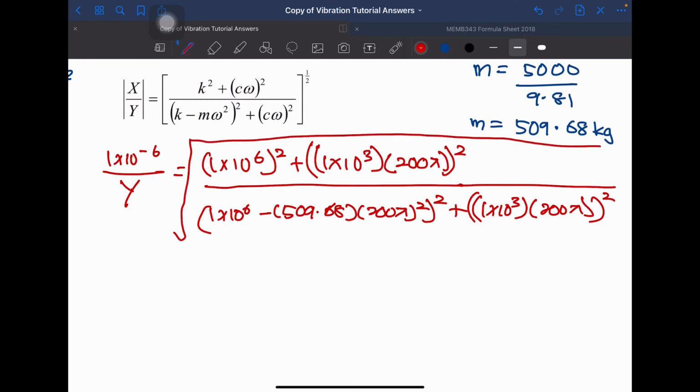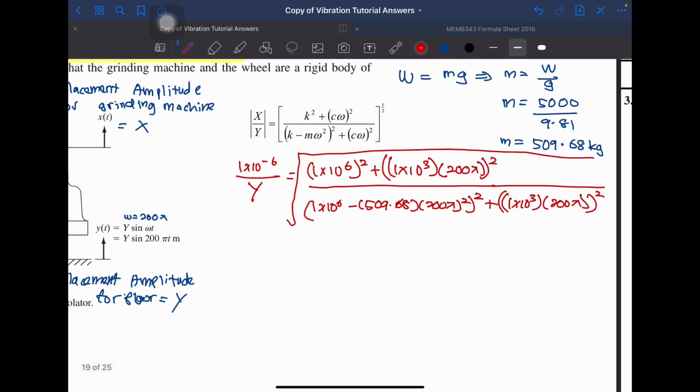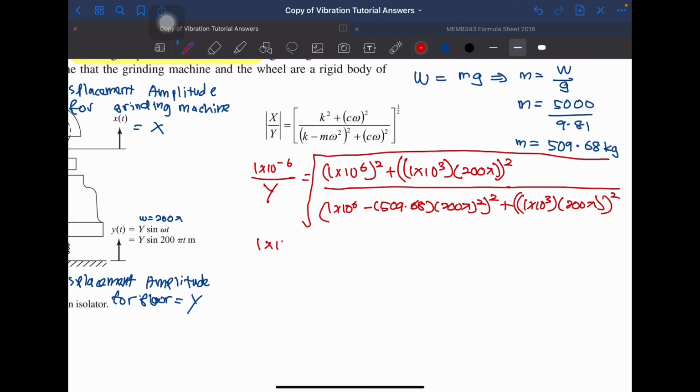You'll get your answer on the right side to be 5.8987 times 10 to the power of negative 3.